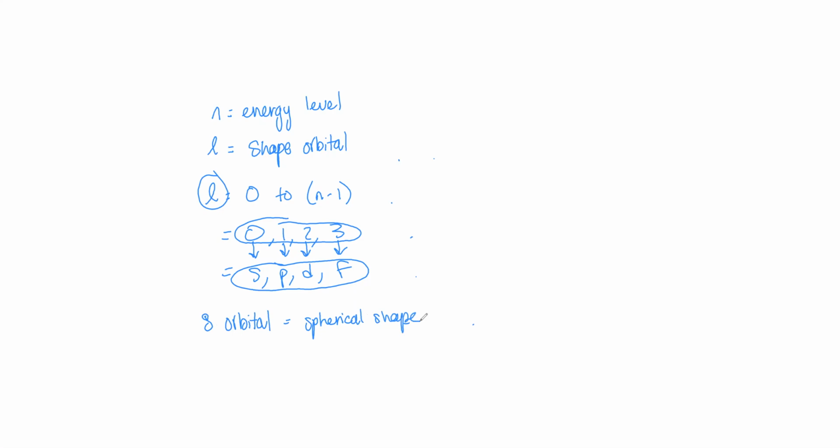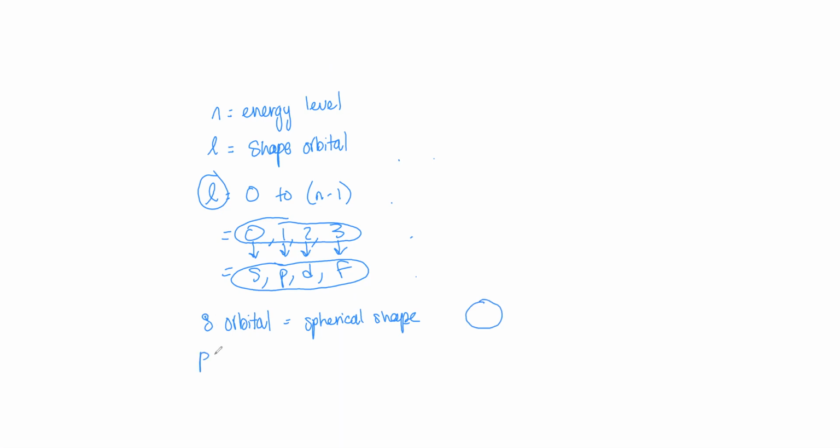It's going to look a little bit something like this. If you have, we'll just draw a circle. It's going to look something like this. That's what that orbital is going to look like.